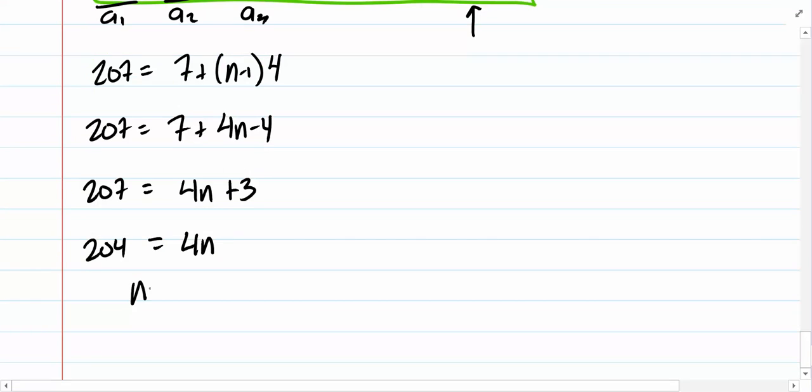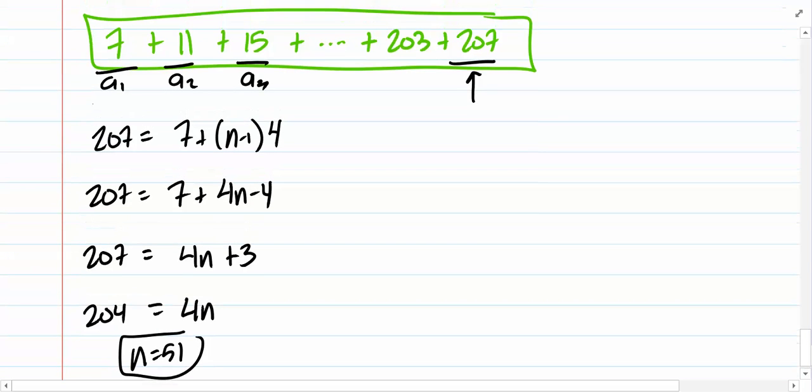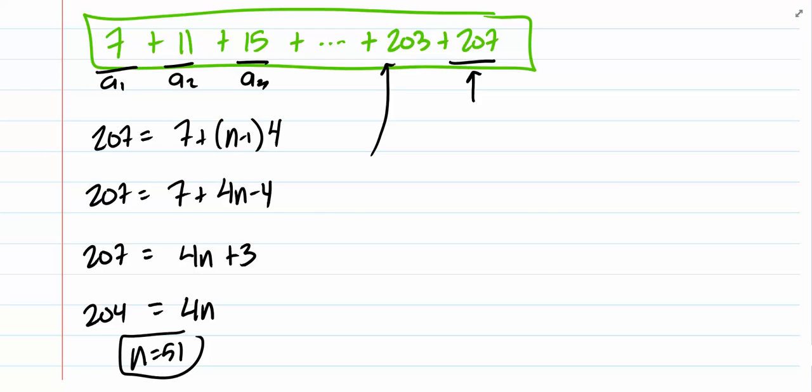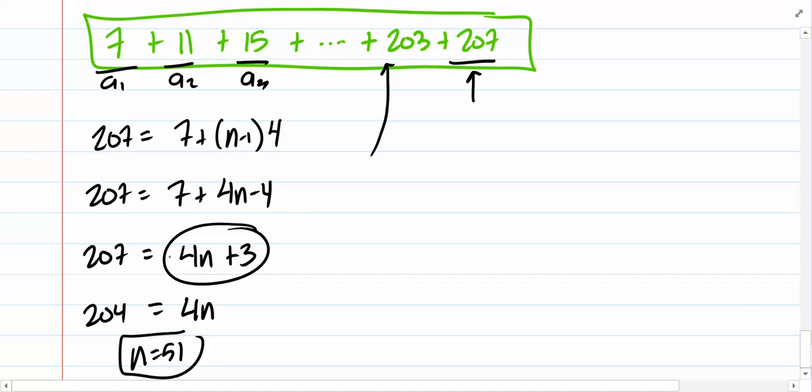So what would be the explicit formula that I could use to represent this sequence of 7, 11, 15, up to 203? If you don't believe me, look. a sub n is equal to a sub 1 plus n minus 1 times d.